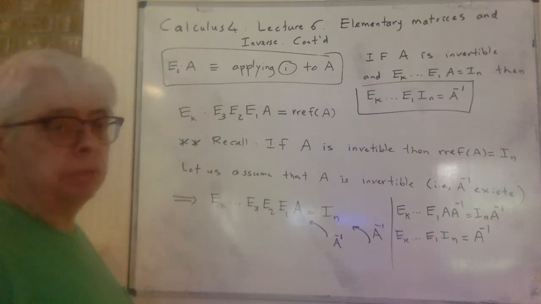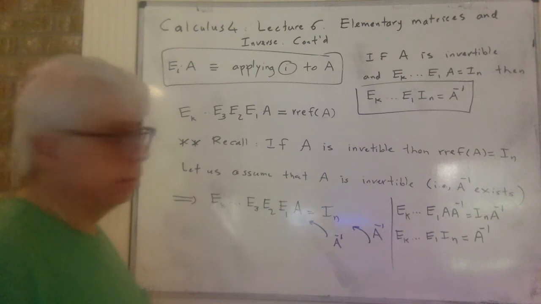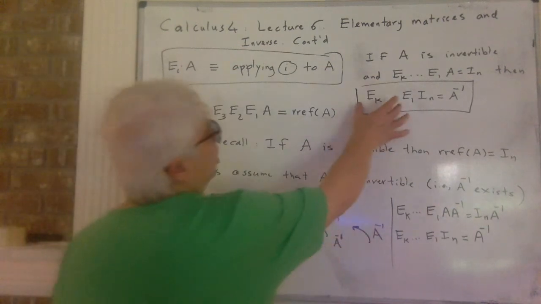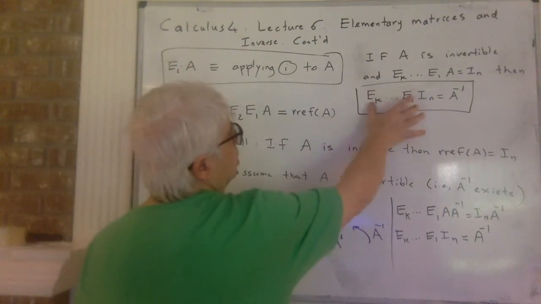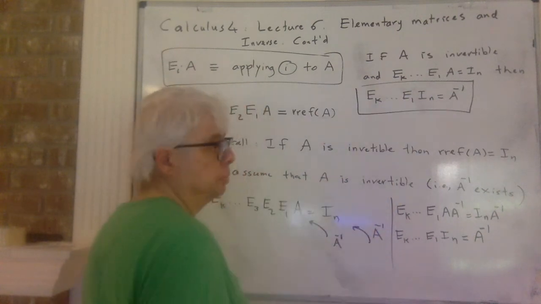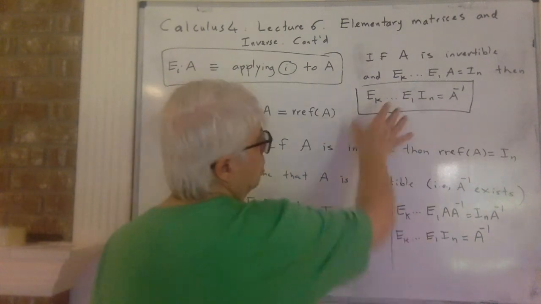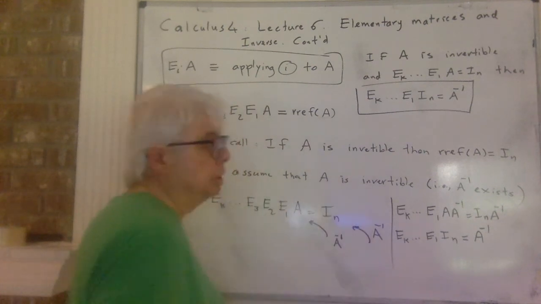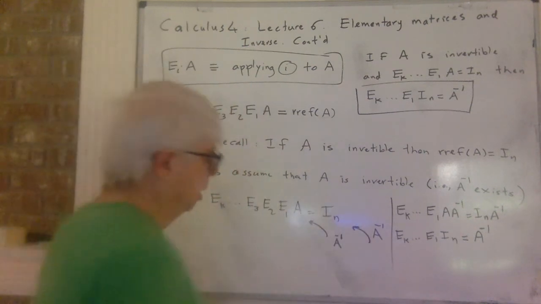So, if I know the EIs, those elementary matrices, and if I multiply them, well, this doesn't change anything. A inverse is the product of these. But there's a reason I have written that IN over there.